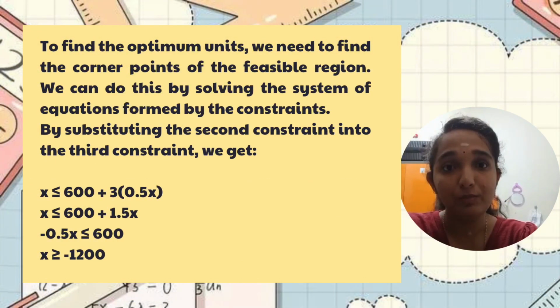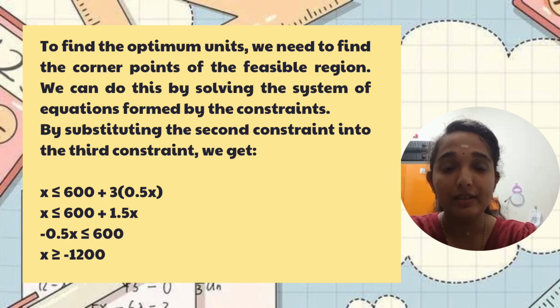Next, to find the optimum units, we need to find the corner points of the feasible region. We can do this by solving the system of equations formed by the constraints. By substituting the second constraint into the third constraint, we get x less than 600 plus 3 times 0.5x, x less than 600 plus 1.5x.